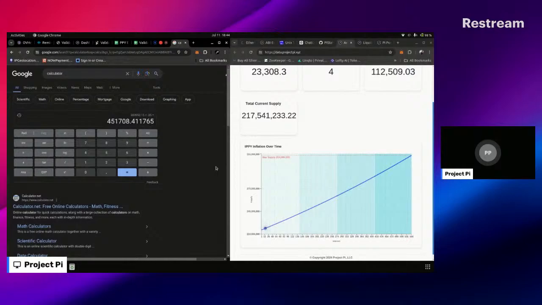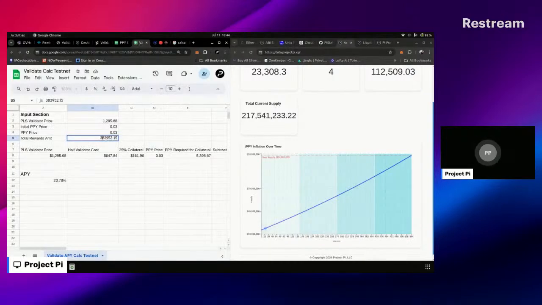We wanted to add some burn mechanisms into this. I think that's what's going to make this more attractive, and we just don't want it to be completely net inflationary. So if I were to multiply this by 0.85, then that equals the value that you see here.